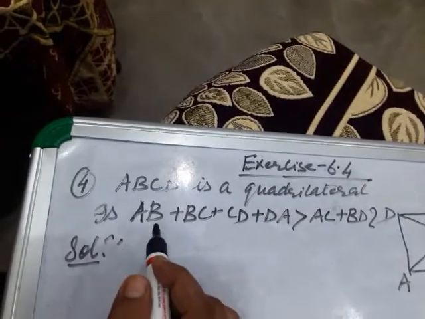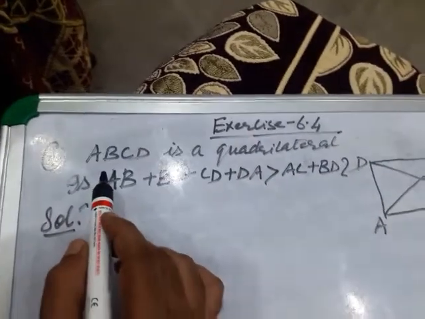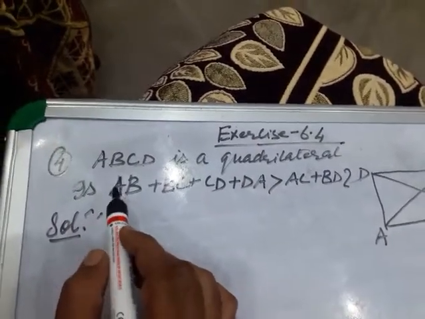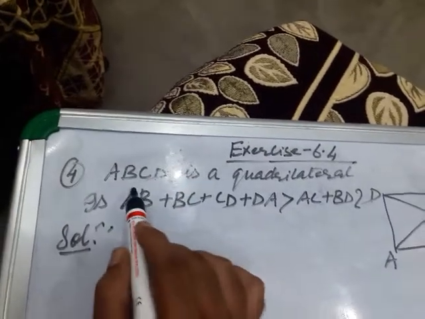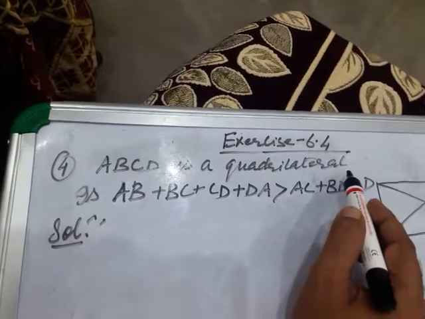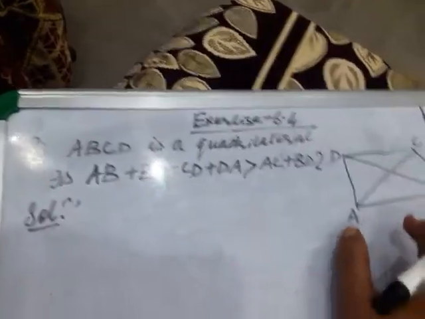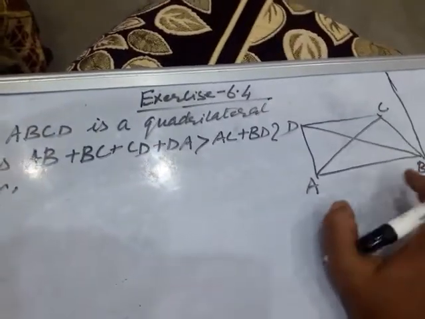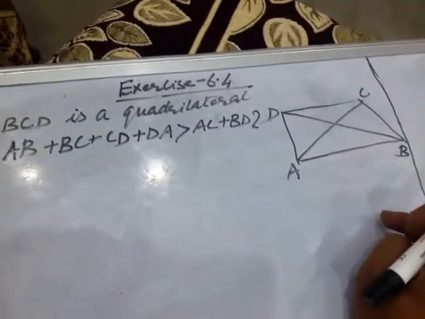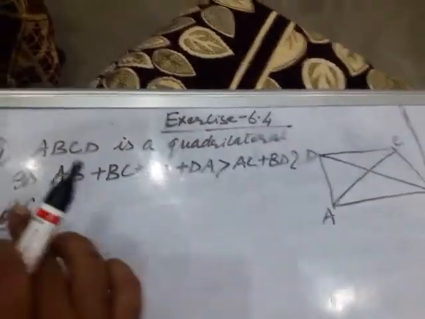Let us see question number 4. What is question number 4 of exercise 6.4? ABCD is a quadrilateral. That is, here pictorially it is shown. ABCD is a quadrilateral. Clear?